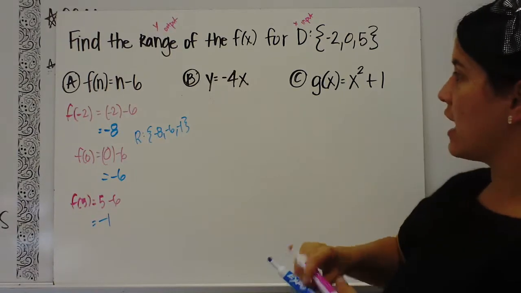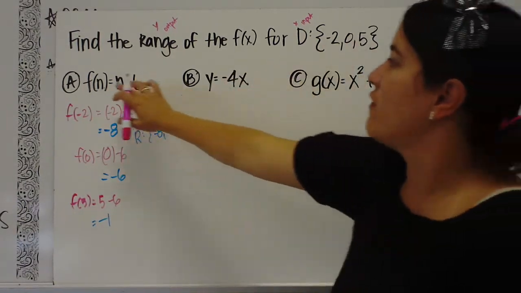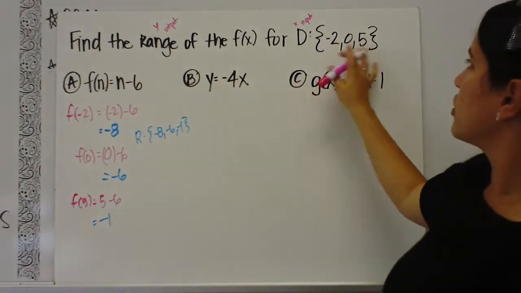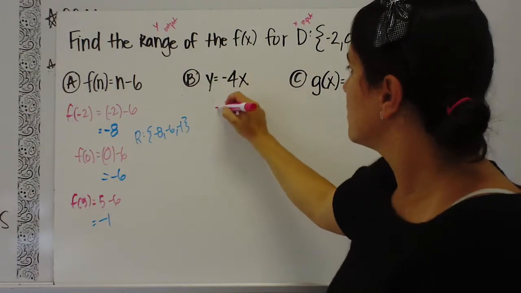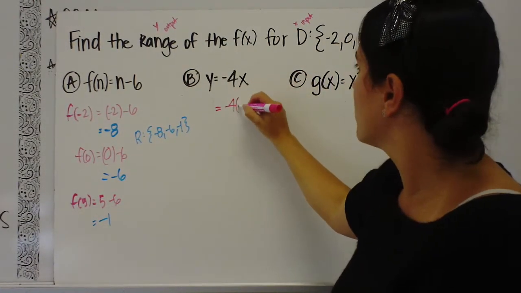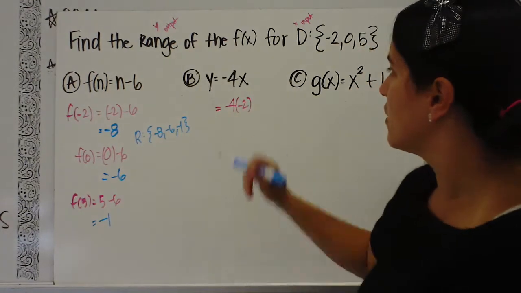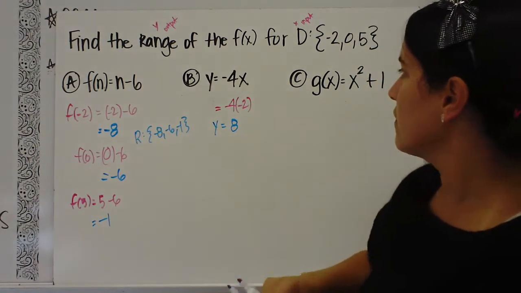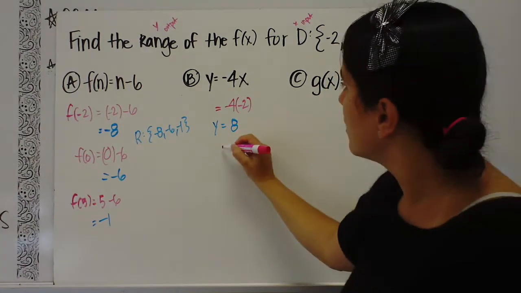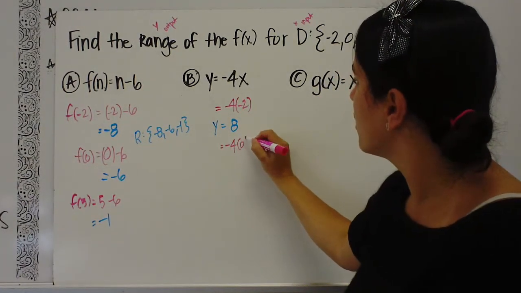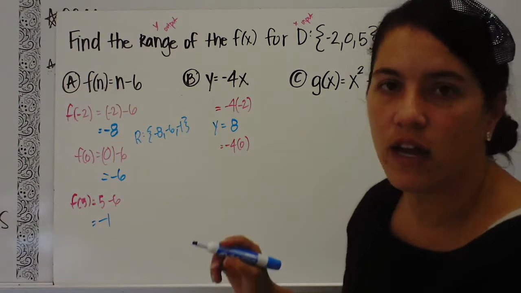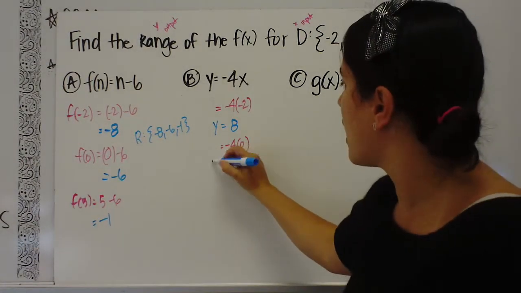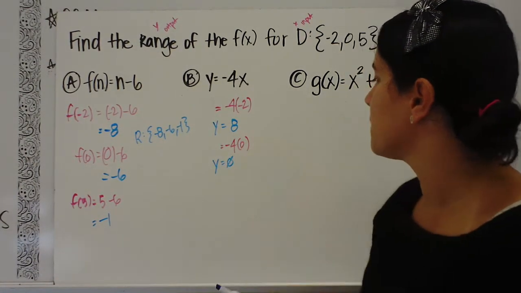Let's do B. Instead of f of n, I have y, but I'm still going to put my values in. So negative 4 times negative 2, and that's going to give me y equals 8. I'm going to do it with 0. Negative 4 times 0, and that's going to give me y equals 0.